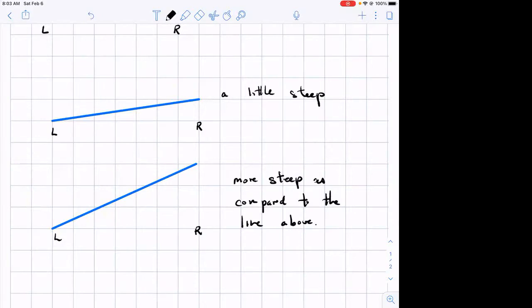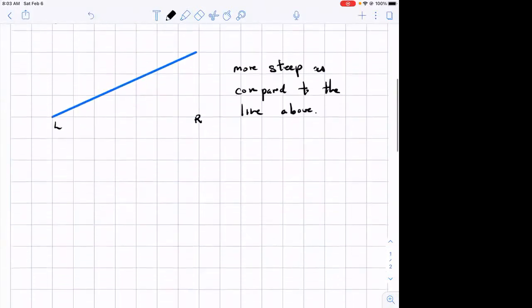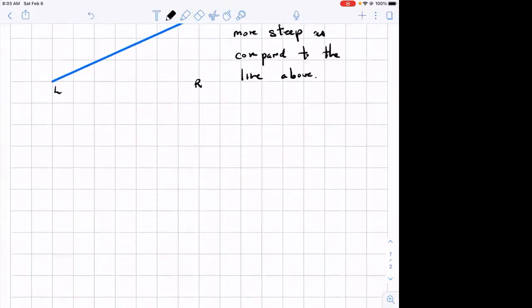Now slope can be a negative or a positive number. Okay, slope can be negative or positive. And the way we identify the negative or positive is based on the direction we travel.